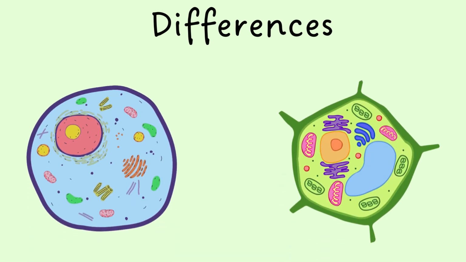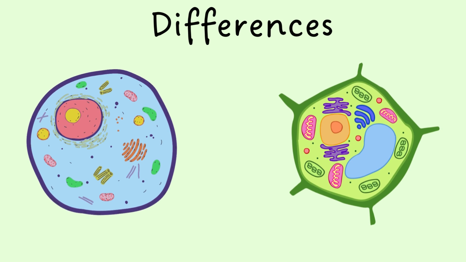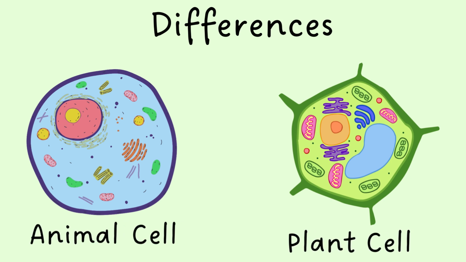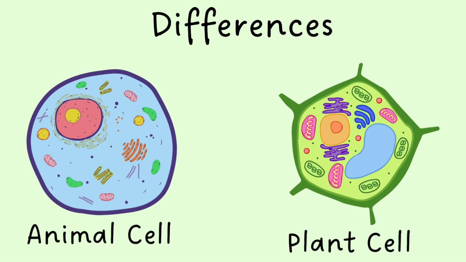So what are the differences? Some of the differences in cells are obvious. For example, if you look at these two cells on the screen, on the right hand side we have the plant cell, and on the left hand side we have the animal cell. Just looking at them, you can see a difference in the shape of the cells.